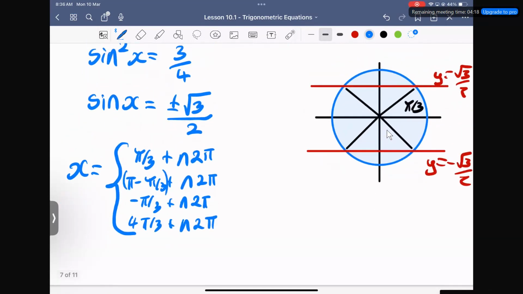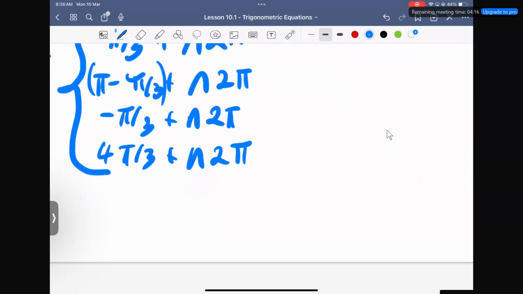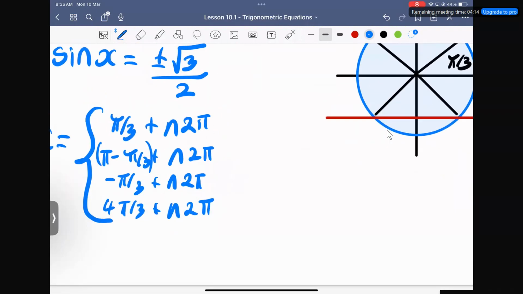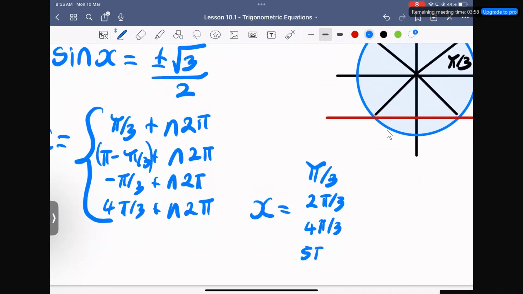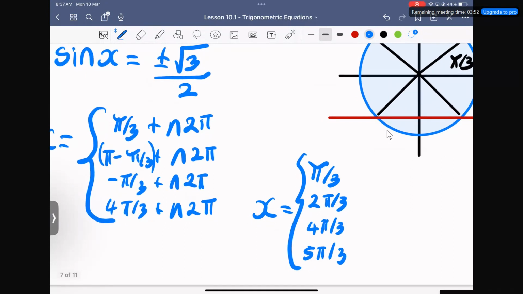So just tidying that lot up, this gives us x is equal to pi over 3, 2 pi over 3, 4 pi over 3, let's put them in order, and 5 pi over 3. Can't have negatives because of the domain that's set for the answers.